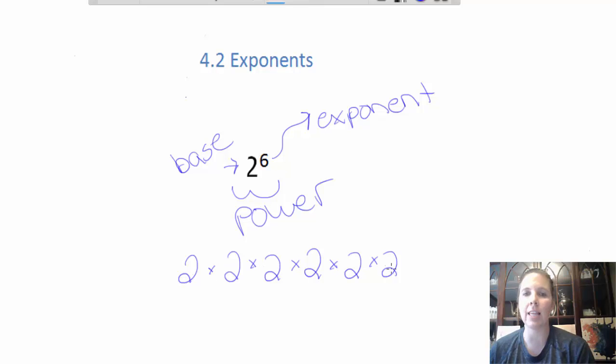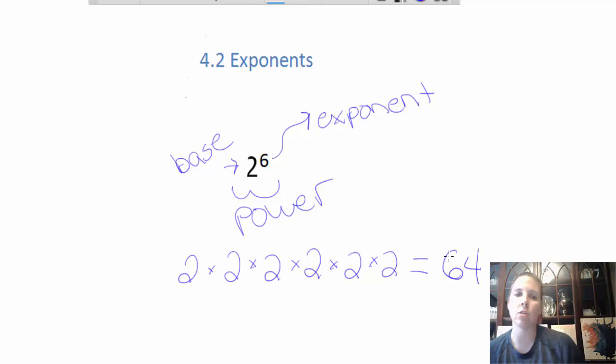If you're given something like that and it says write this using an exponent, you would put 2 to the 6th power. So when we multiply all these things together, you should get 64. 2 times 2 is 4, 4 times 2 is 8, and so on until you get 64. Okay, so base is the big number, power is the whole thing, the two numbers together, and exponent is the little bitty number.